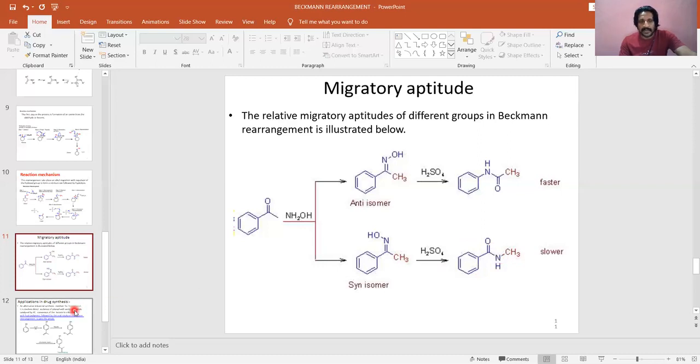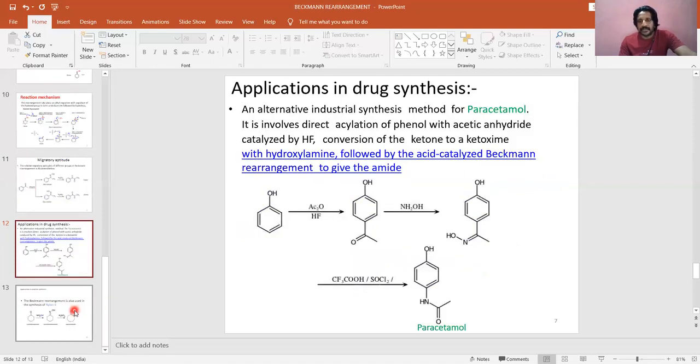Let us see one application also: application of Beckmann rearrangement in the pharmaceutical field. Here I explained the synthesis of paracetamol from phenol by using Beckmann rearrangement. Initially phenol is acetylated to form acetyl phenol, phenol COCH3, and then we allow the acetyl phenol to react with hydroxylamine.